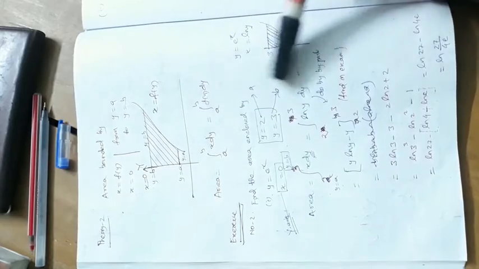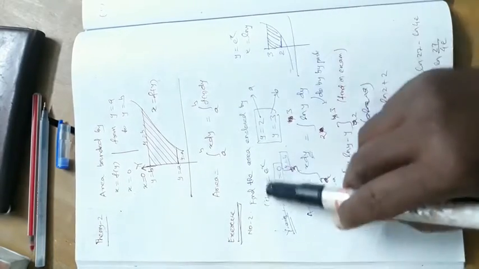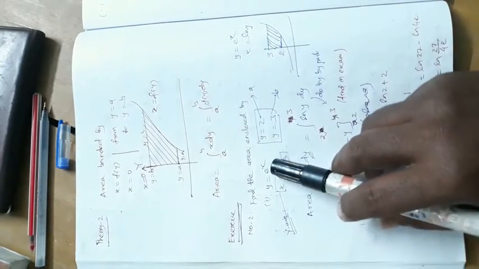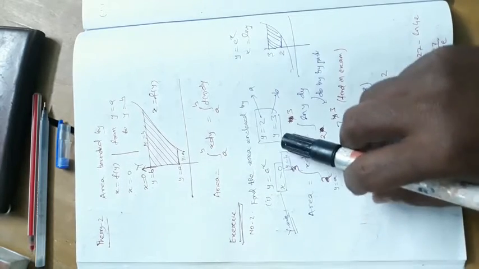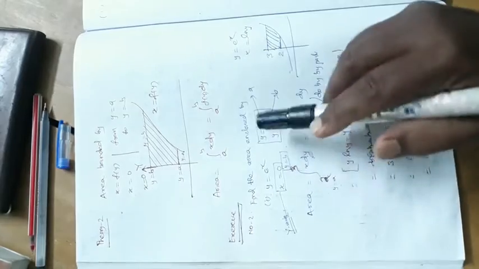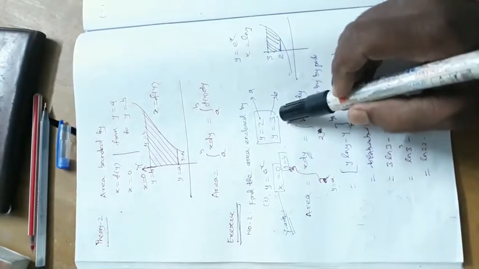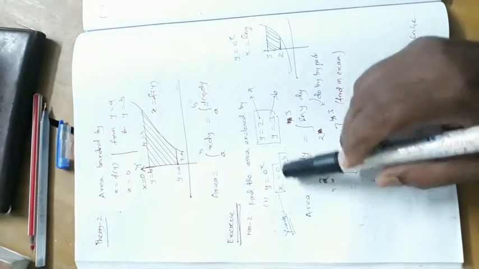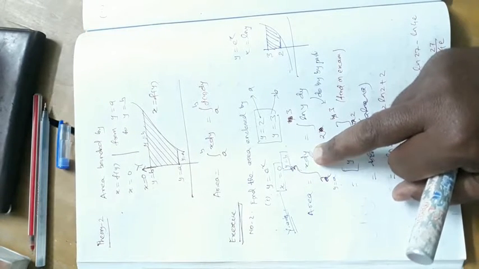Now exercise number 1 problem. Find the area enclosed by y is equal to e to the power x, x is equal to 0, from y is equal to 2 to y is equal to 3. Look at here, x is equal to 0 means here it is dy.